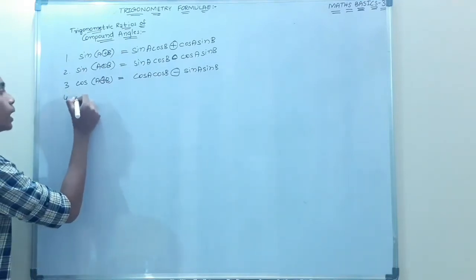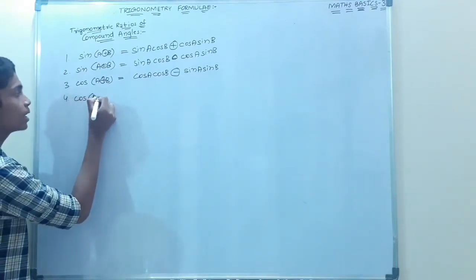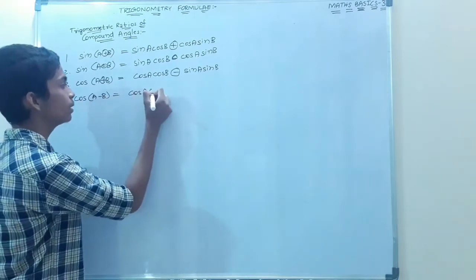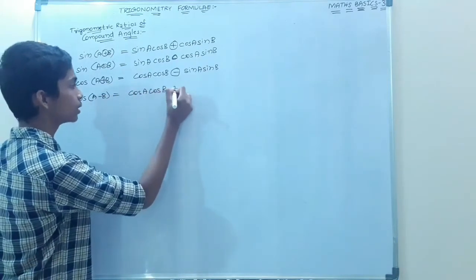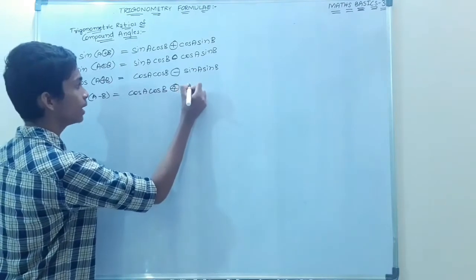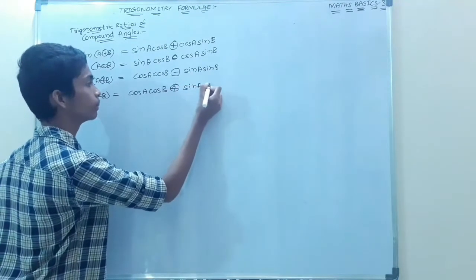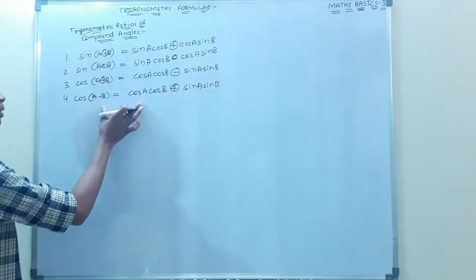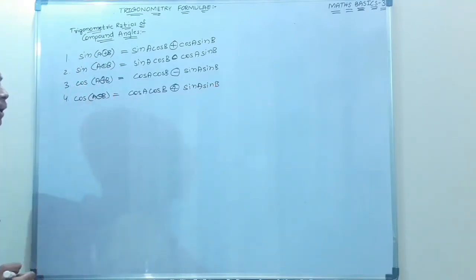And while coming to cos A minus B, it is cos A cos B plus sine A sine B. Here it is minus, so we kept plus.